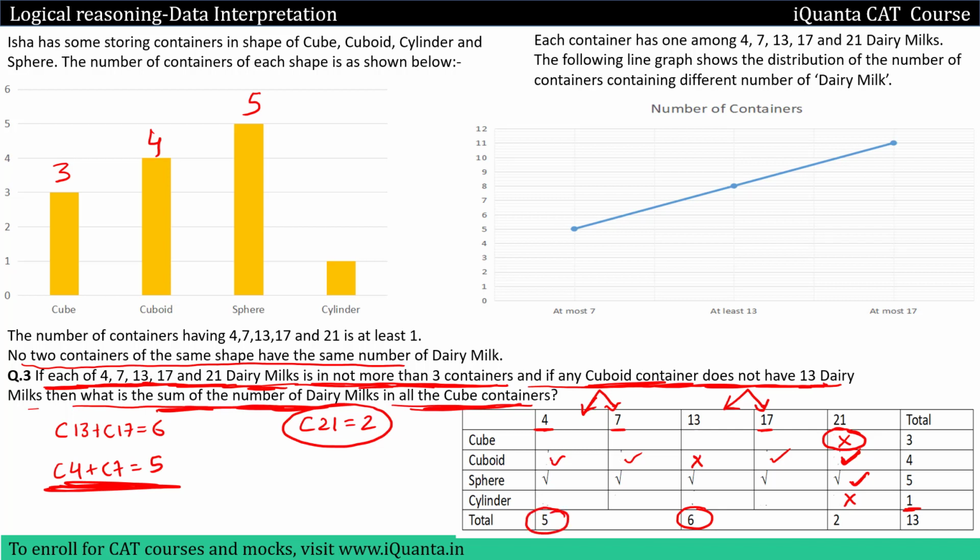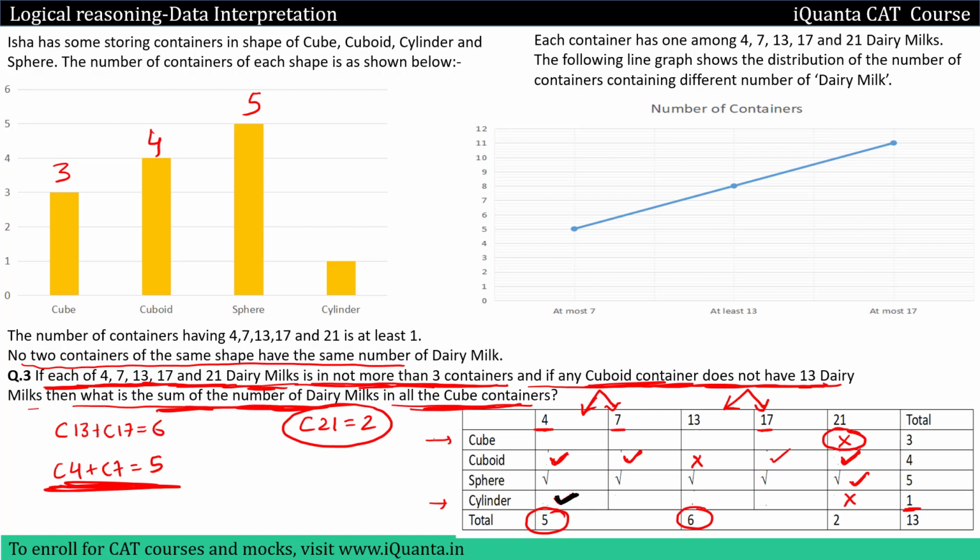We already have 4 ticks, 1, 2, 3, 4. So where can we put that 1 tick? It can be anywhere, in cylinders or in the cubes, that means in this row or this row. If I put that tick in cylinders, say over here, let me denote it with a blue tick or black. In that case, what will happen?